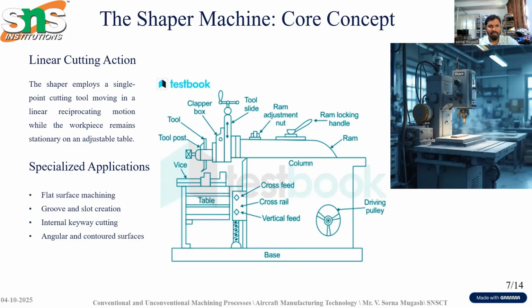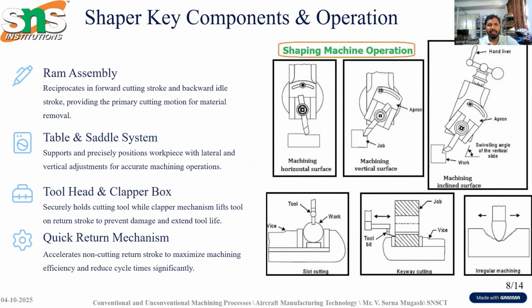And next one is shaper key components and operations. The shaper's essentials are the ram assembly, which drives the forward cut and the backward idle stroke for metal removal. The tool head with a clapper box holds the cutter, lifting it on the return to avoid scratches and prolong life.